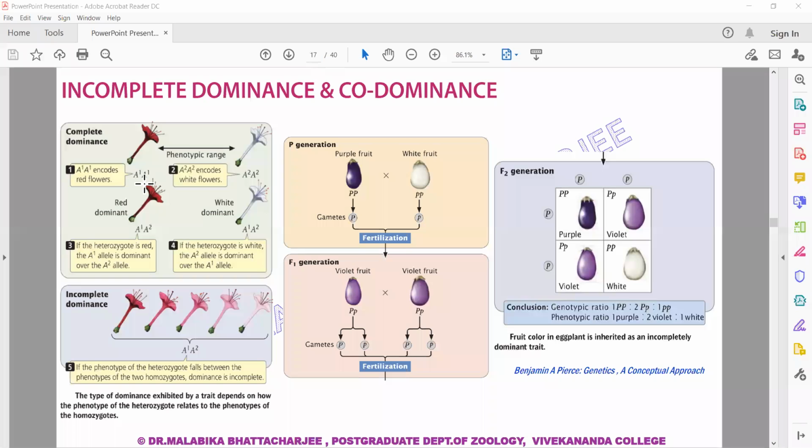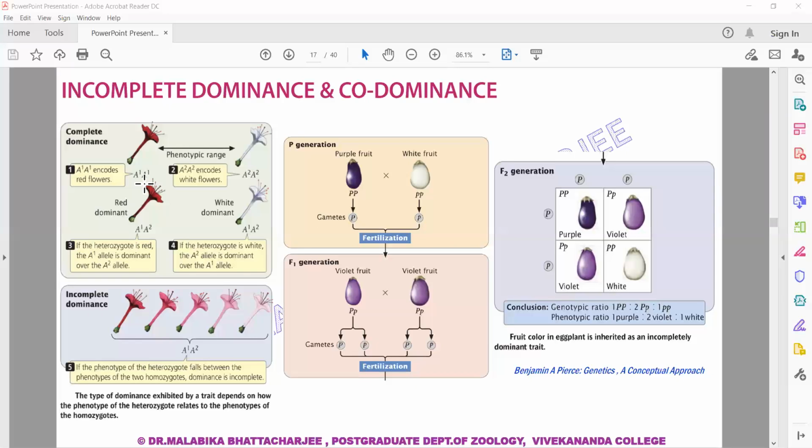But when we think of epistasis, it is a very similar kind of interaction where one allele of a gene is totally masking the effect of another allele of a gene. So there is more than one gene brought into consideration.